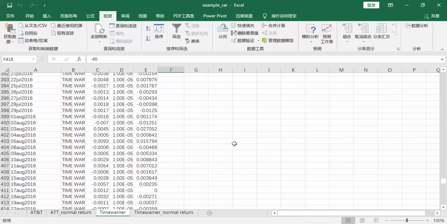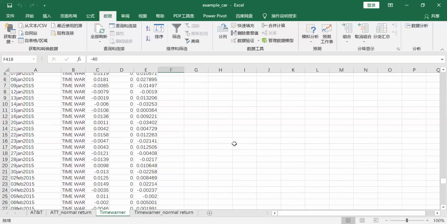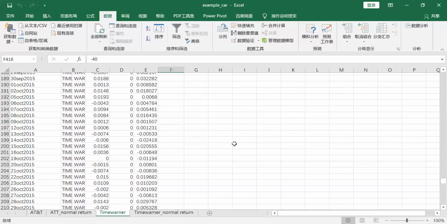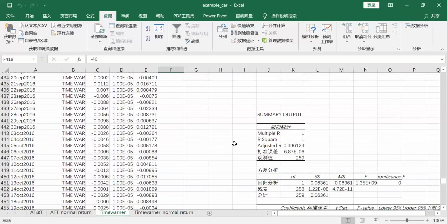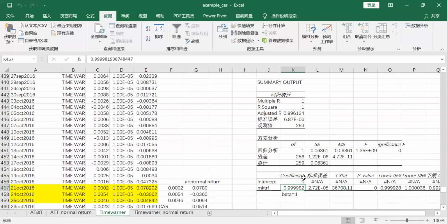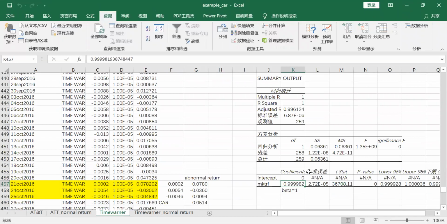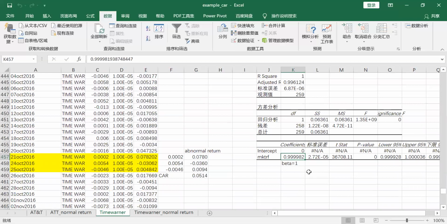Let's see where the regression output is. It's here. The coefficient is 0.9999, so basically the beta is 1. In that case, the individual stock return of Time Warner basically equals the market return.